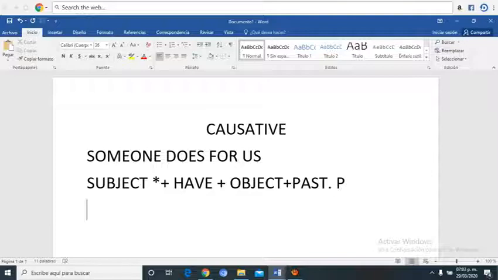For example, we can say that John has. Why has? Because John is third person. That's why we have has and not have, because it's third person, okay? So in this case, we say that John has his clothes ironed.